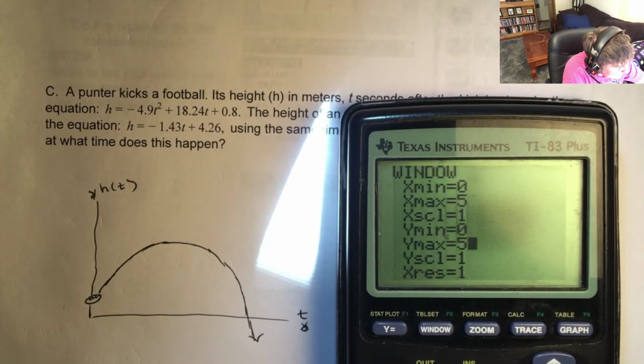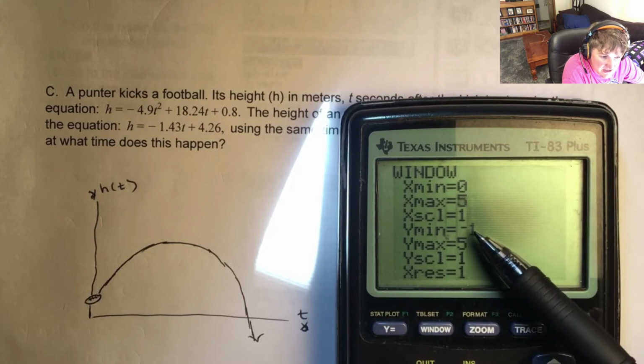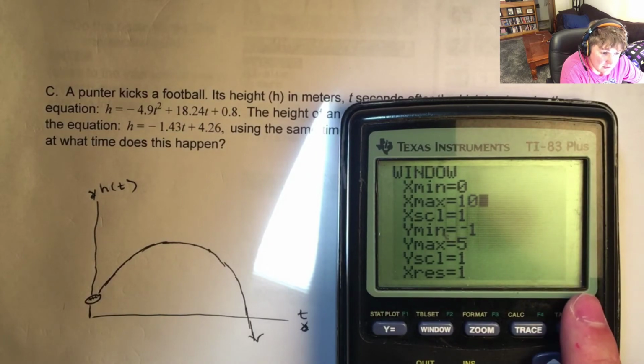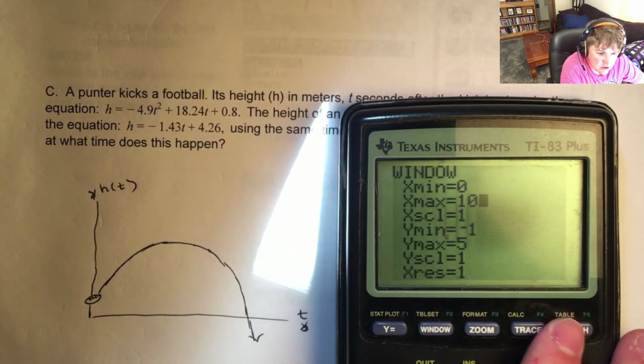I'm not very interested in zeros or negative numbers. I'm going to put it down to negative 1 so I can see the y-axis. But the x maximum, I honestly have no idea. So let's go with something like 10 seconds. That seems pretty late.